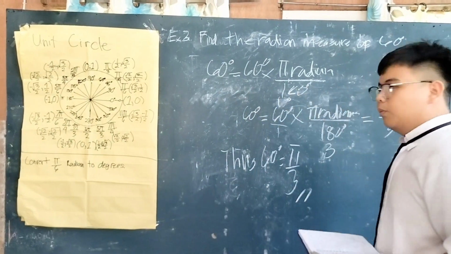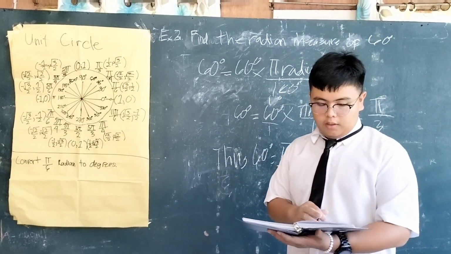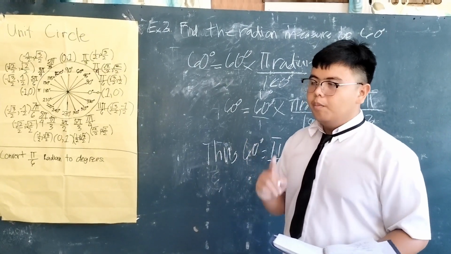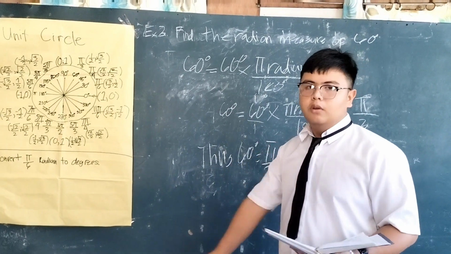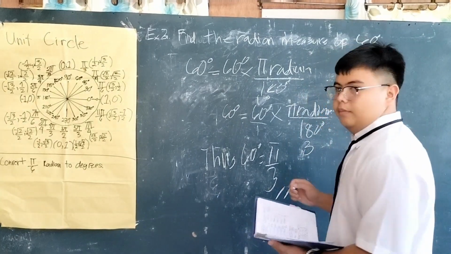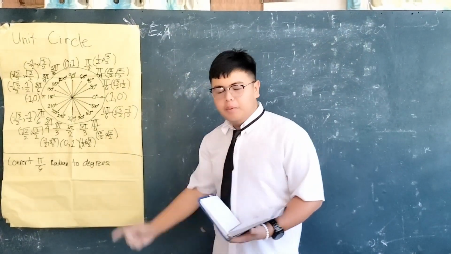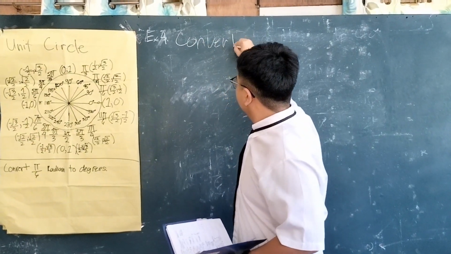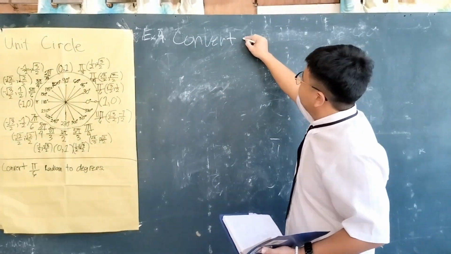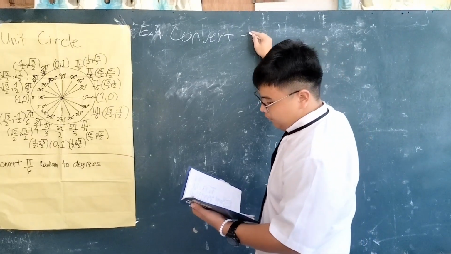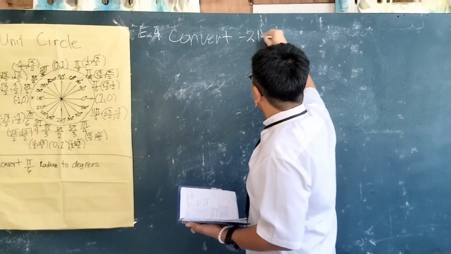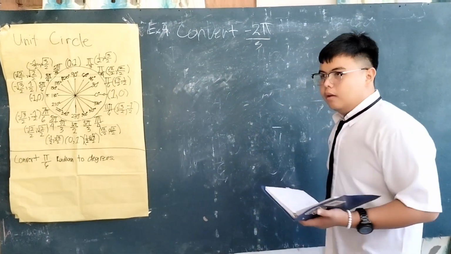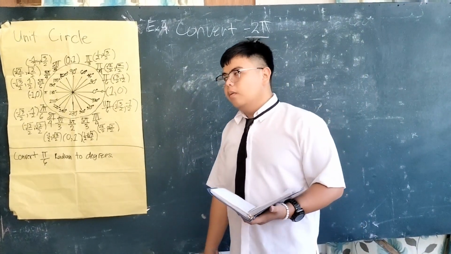And now let's proceed to the last example, converting radians to degrees. The last problem is to convert negative 2 pi over 3.